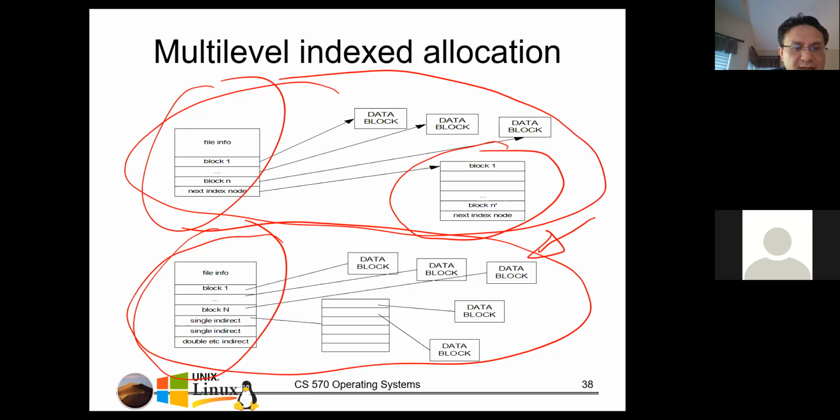It also has the direct blocks, but then you will have a single indirect, a double indirect kind of setup, which we talked about in great detail in the last lecture. I want to say the one at the bottom is the one that a lot of modern file systems are using.